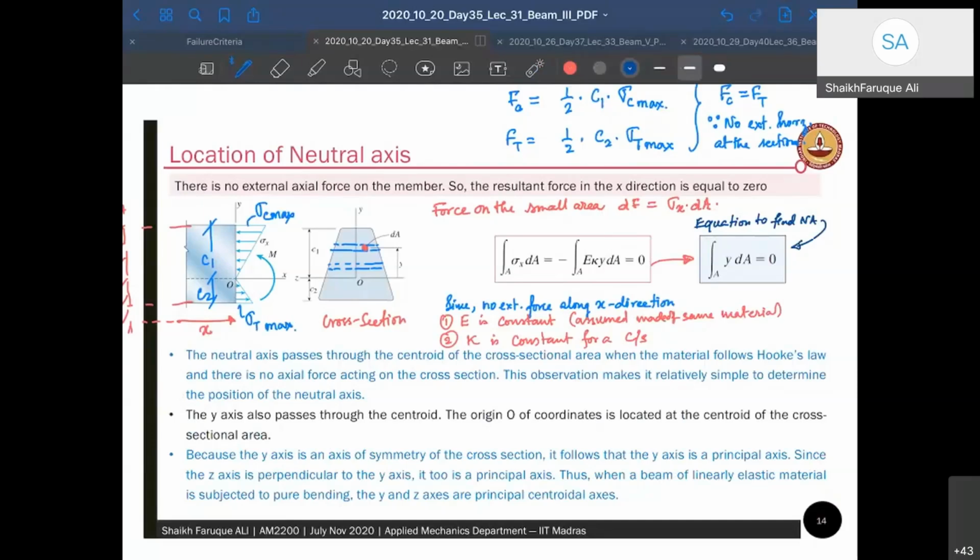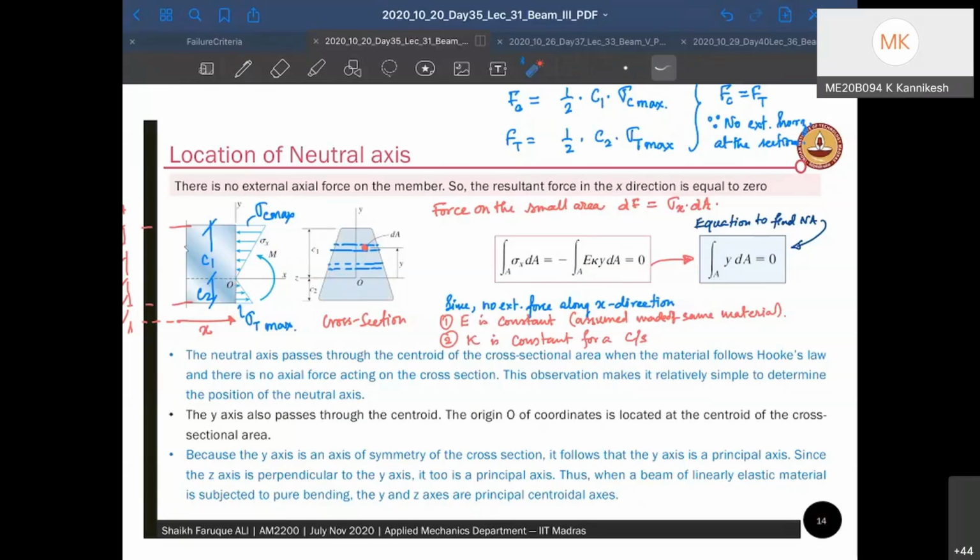One, E is constant along the cross section. Two, kappa is constant along the cross section. Why did I say along the cross section? Because I am dealing with only one cross section. The relationship will be valid for the next cross section also, but the values may change. E may change, kappa may change. Now you tell me under what conditions these two assumptions will not be valid.